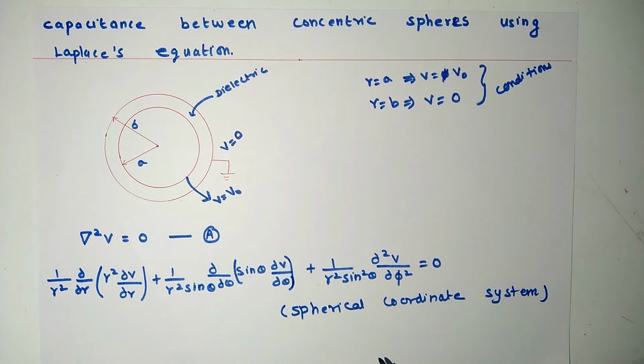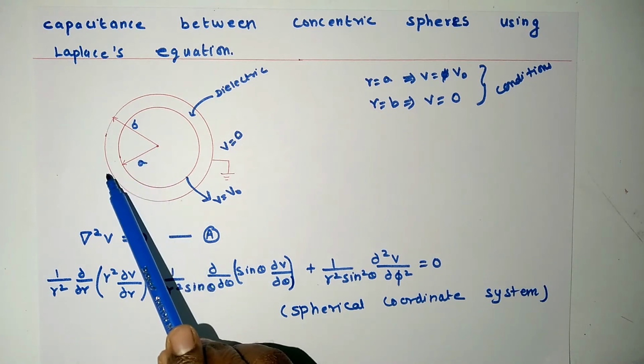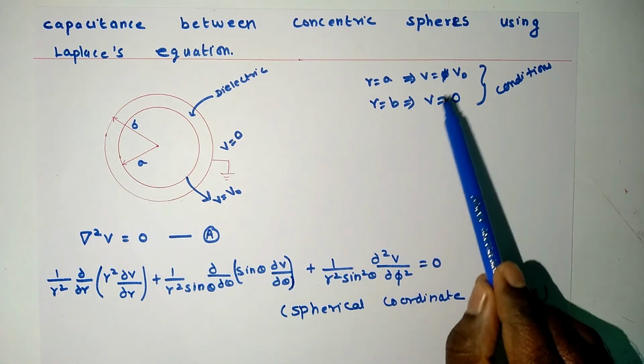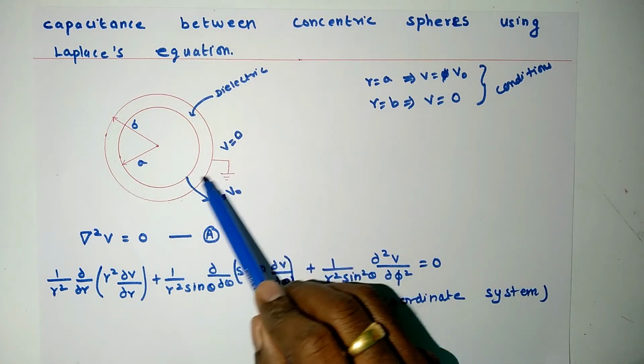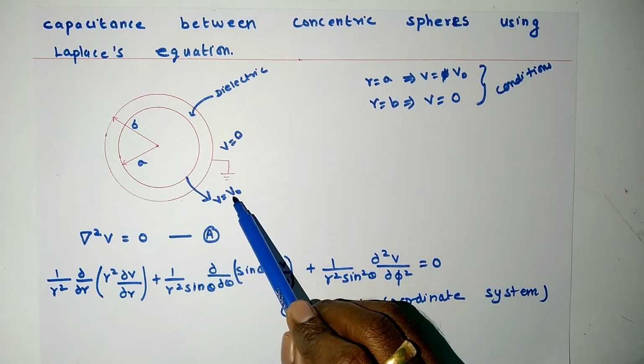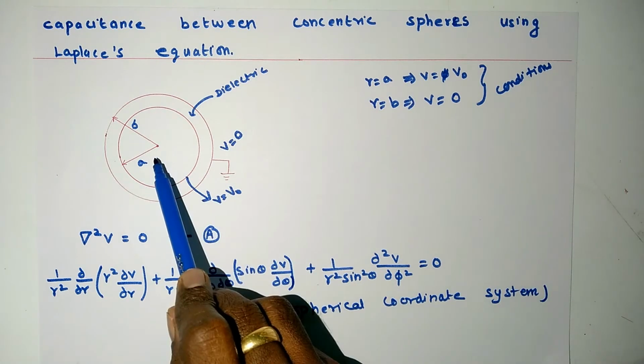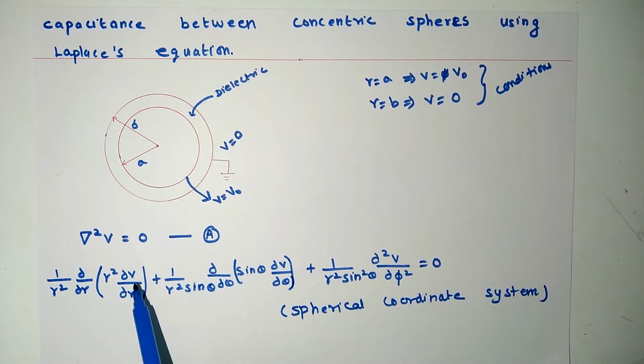In this problem, when radius changes, the voltage is assumed to change because for the outer conductor the voltage is 0, for the inner conductor the voltage is V0. As radius changes, voltage also changes. So voltage varies only with respect to radius.